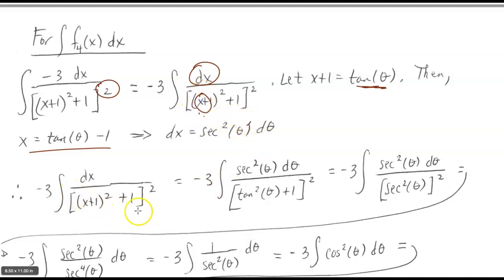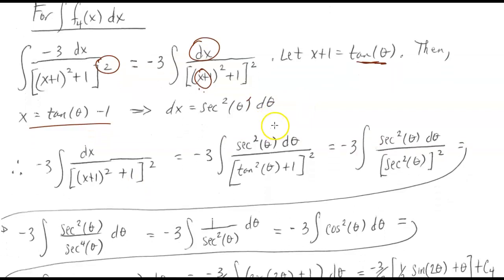So now I fill in all that information. x plus 1 just ends up being tangent theta, so x plus 1 squared is tangent squared, and dx is secant squared theta d theta.